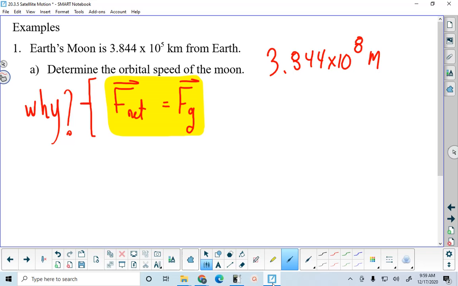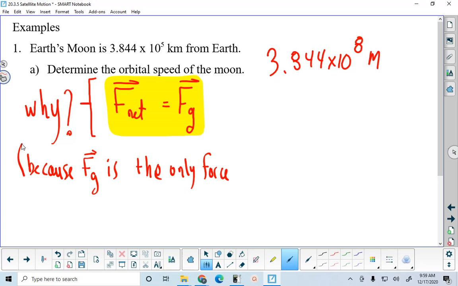This is the best way to answer this question. Yes, when you add all the forces together, you'll get the force of gravity, but it's because Fg is the only force.